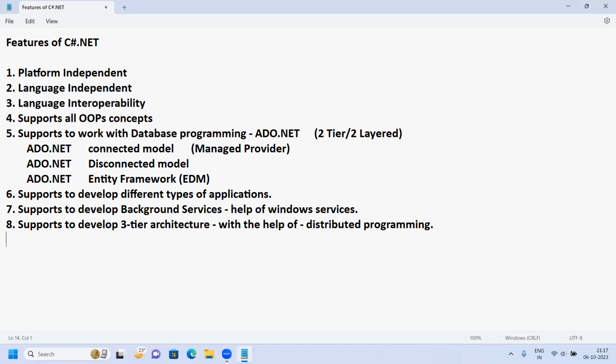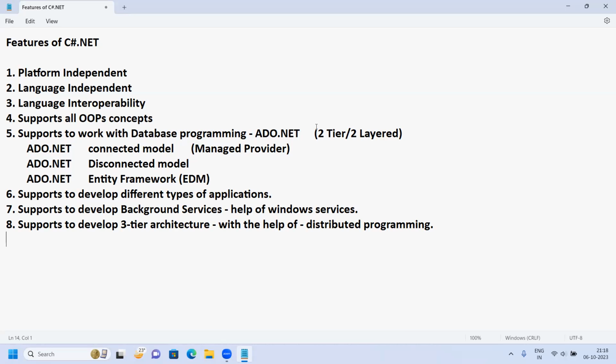When you start the topic of distributed programming, we are going to study what those layers are, how they will help you, and what the advantages are. Actually, I'm not saying C#.NET goes with only three-tier architecture. No, C#.NET even supports developing n-tier architecture also. Three-tier architecture support we have, and n-tier architecture support also we have.